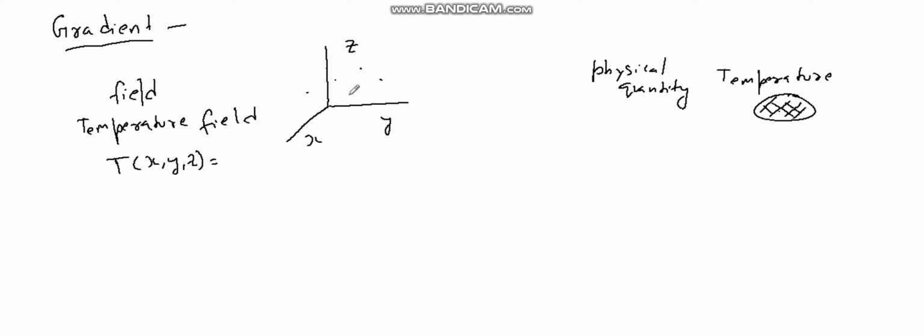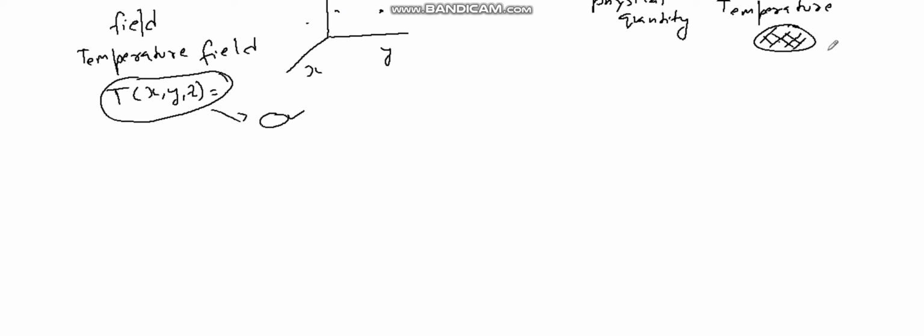Once we take a value x, y, z and plug it into this temperature function, we get a scalar value, and that scalar value represents the temperature at that coordinate. So this temperature field is a scalar field.